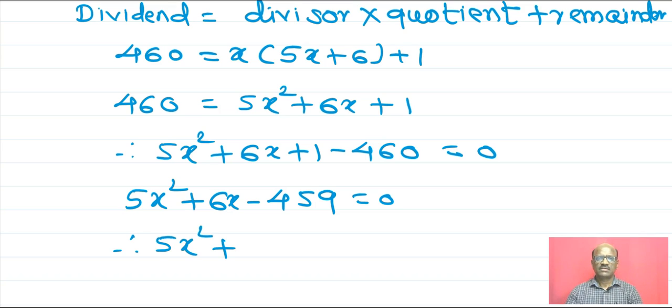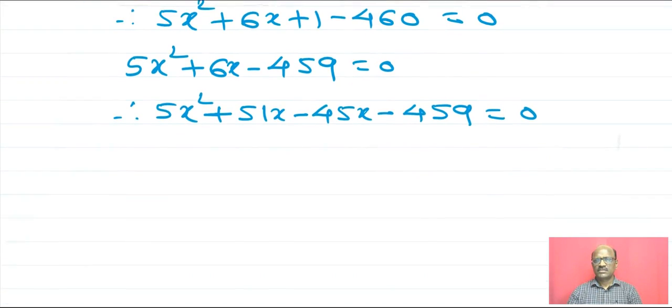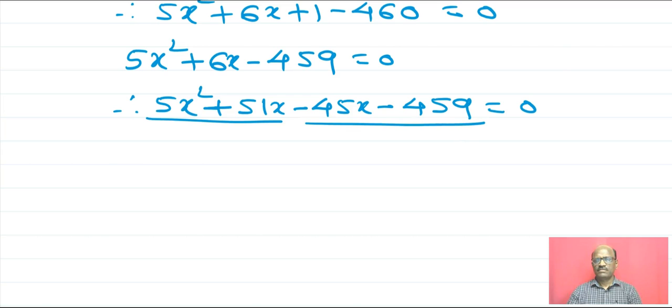Therefore, the factors are 5x square plus 51x minus 45x minus 459 equals 0.